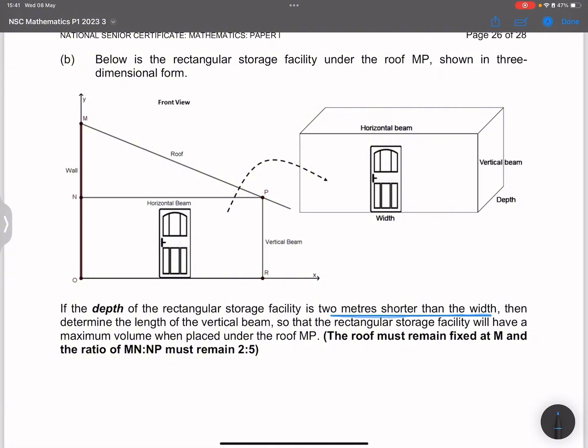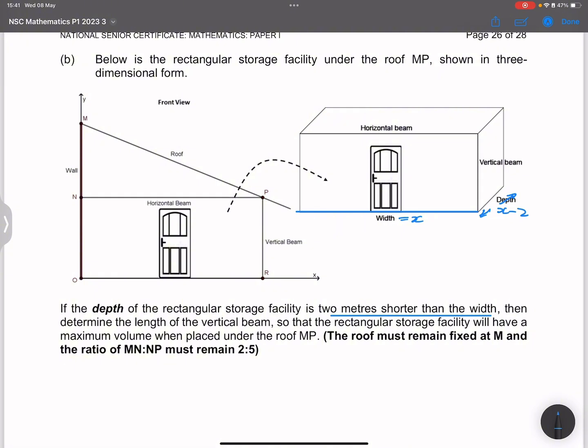What I'm going to do, ladies and gents, let me call the width x. So if our width is equal to x, then the depth of this facility would be x minus 2. They said it is 2 meters shorter, so that would be x minus 2.